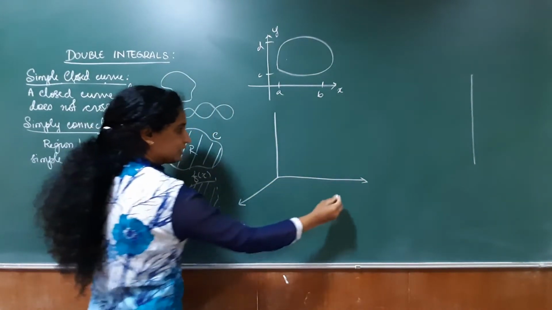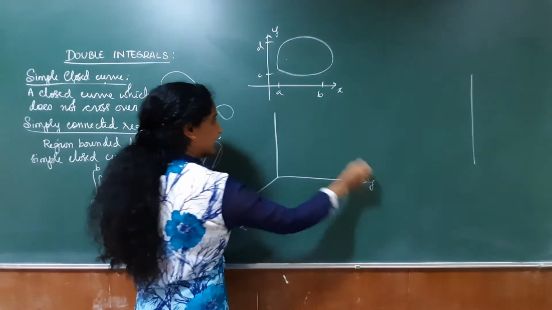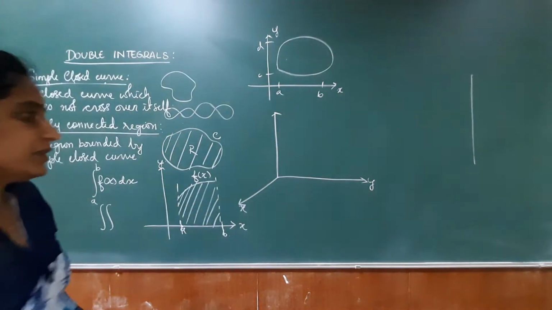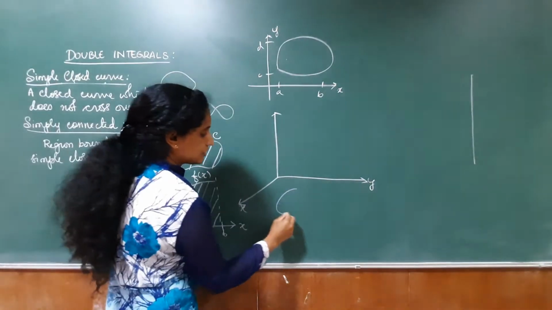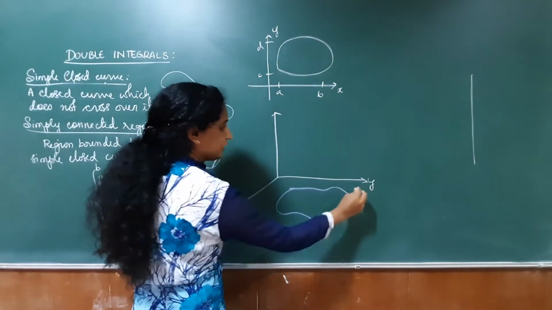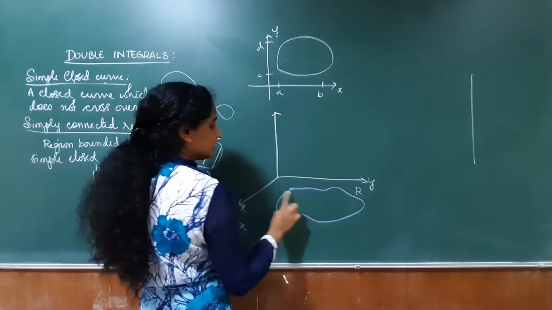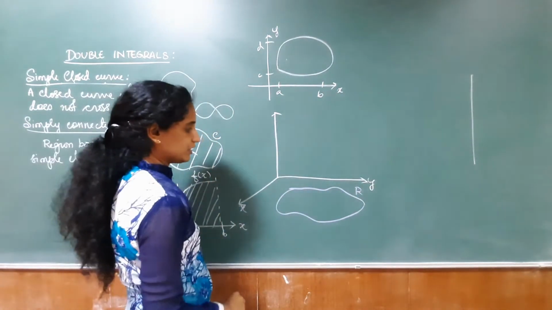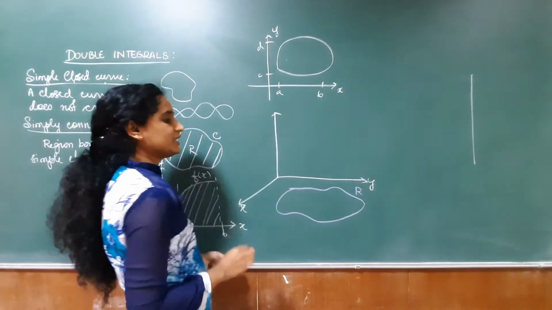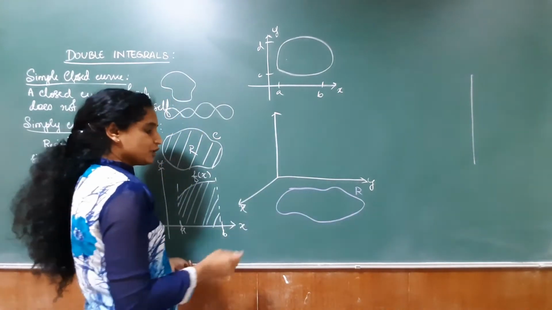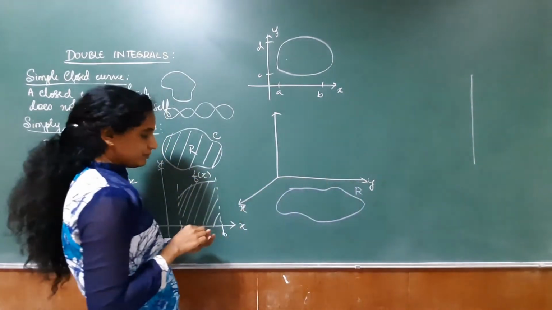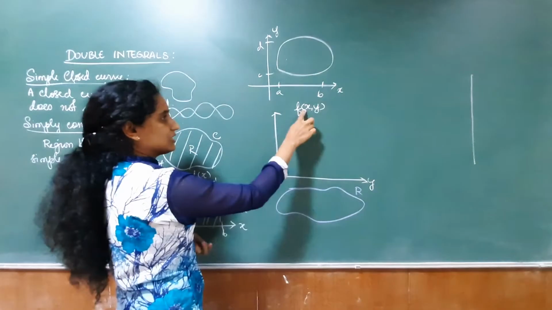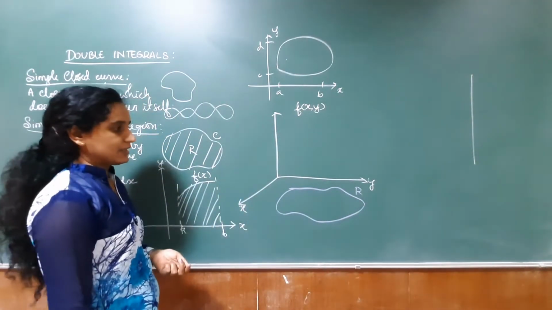So totally my double integral will look like this. We have x and y axis. Some region of integration will be there. Say this is my region where I am trying to integrate, which is the region R. It is a simply connected region. On this I am trying to integrate a function which is depending on two variables x and y.